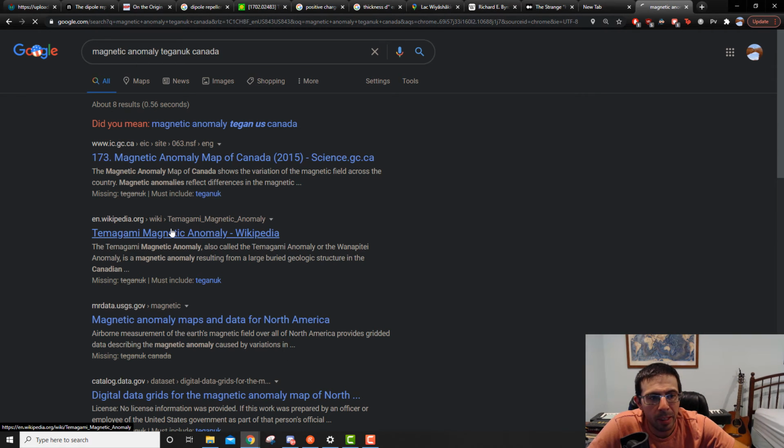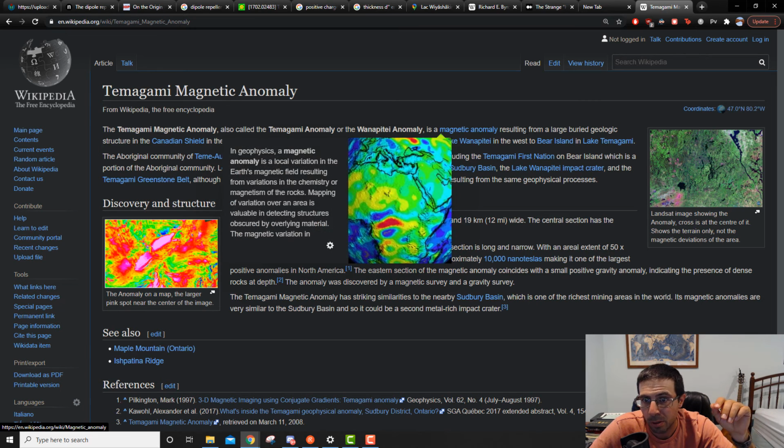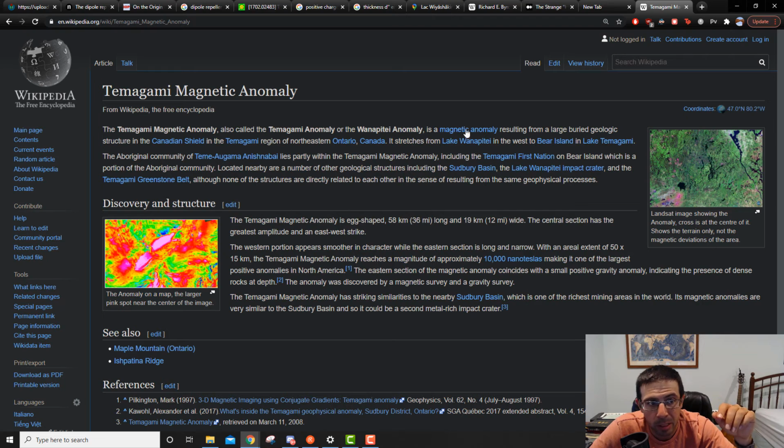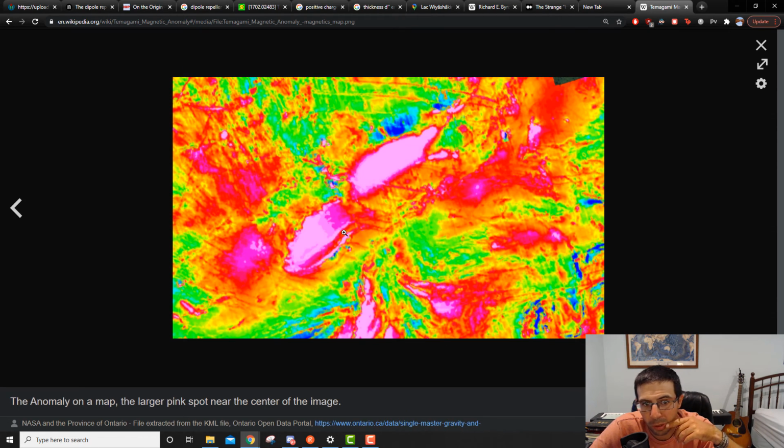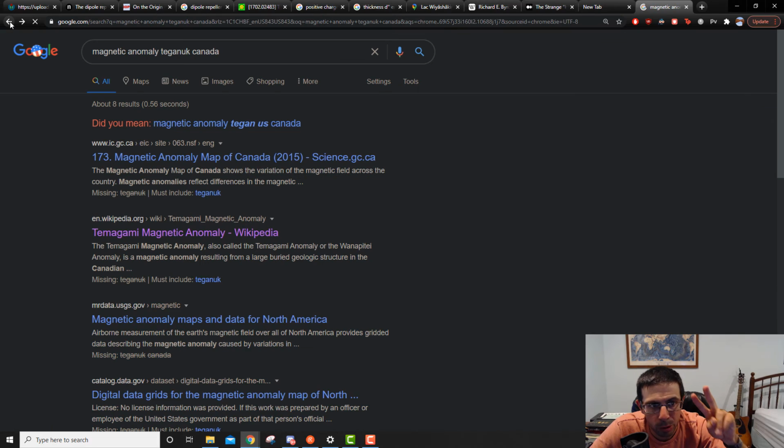Did you mean Temagami? There it is. The Temagami magnetic anomaly, resulting from a large buried geological structure in the Canadian Shield. I'm not sure if this is the best picture, because there's two structures here.